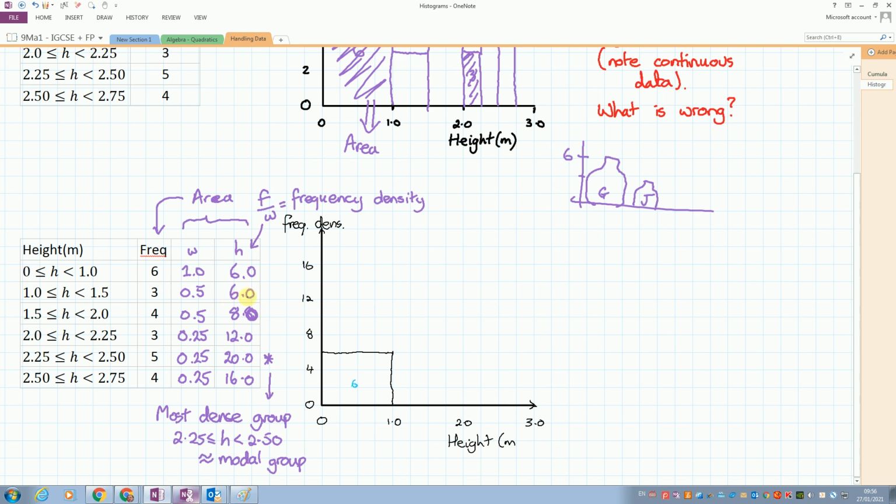So 1 to 1.5 again is 6. 1.5 to 2 is now 8. 2 to 2.25 is 12. 2.25 to 2.5 is now 20. And 2.5 to 2.75 is now 16.